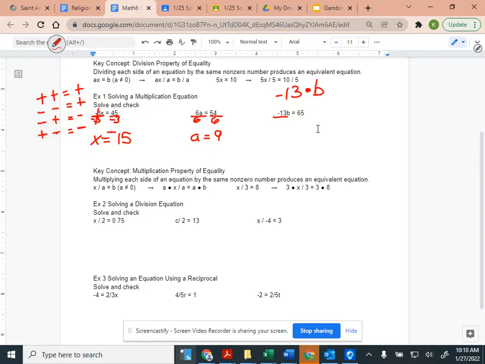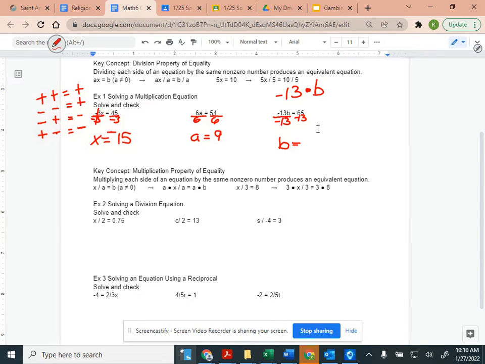So if we multiplied by -13, now we want to divide by -13. -13 divided by -13 is 1. So we don't have to put the 1 in front of our letter. We just know that it means 1. So now we have to do the same thing to our other side. 65 divided by -13. Aiden?